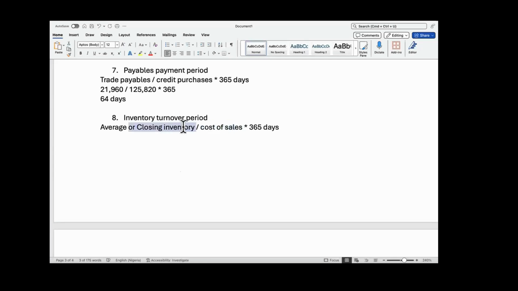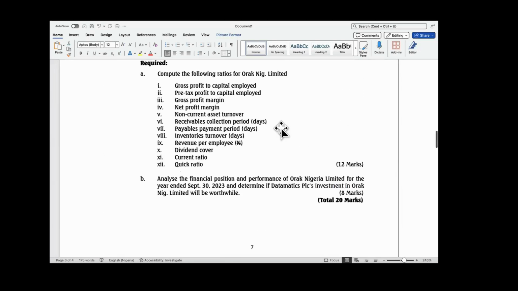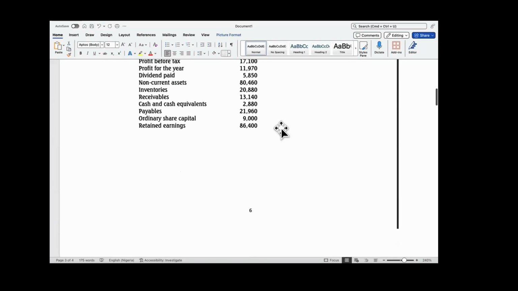Remember that what comes first is the inventory. In the exam, I'm saying use closing inventory. The related item to closing inventory, or what creates inventory, is your cost of sales. It's because you purchased, and some other inventory you had in store before, which is your cost of sales altogether. That is what created your closing inventory. So let's check the question for our closing inventory.